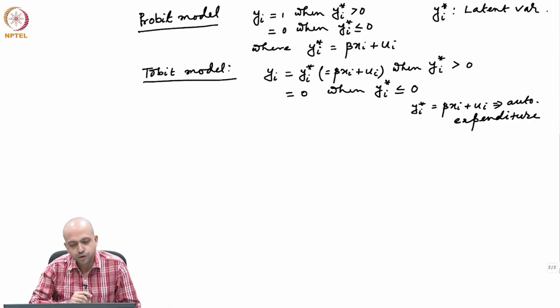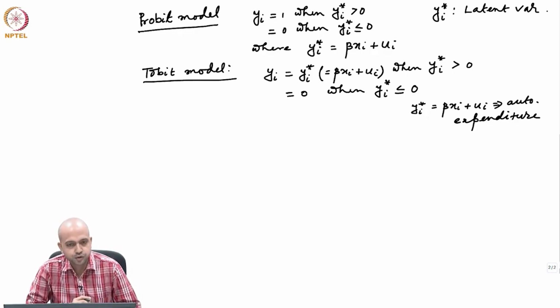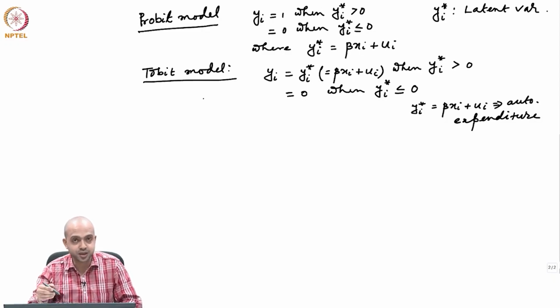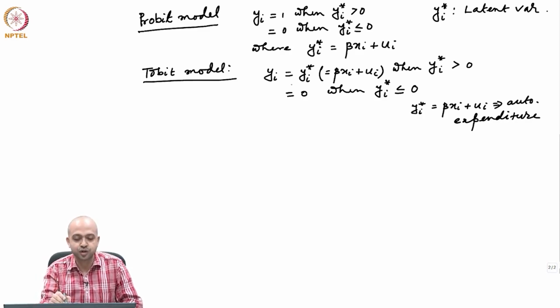This is how we model a Tobit equation, which is closely related to Probit. In Probit, since we are interested in probability, yi takes only the values 1 and 0, but in Tobit, since our interest is to estimate the elasticity of automobile expenditure, I need an expenditure function yi star for yi. So, yi equals yi star when yi star is greater than 0, and for 0 or negative expenditure we put 0.